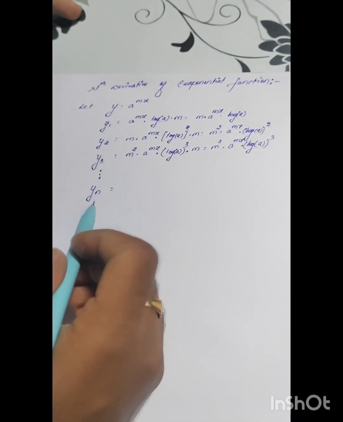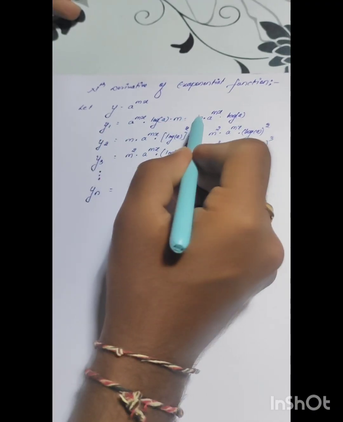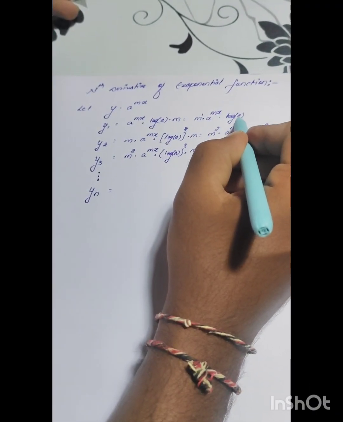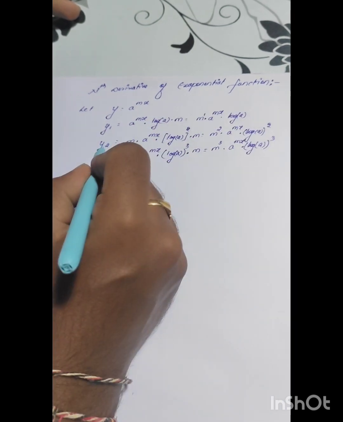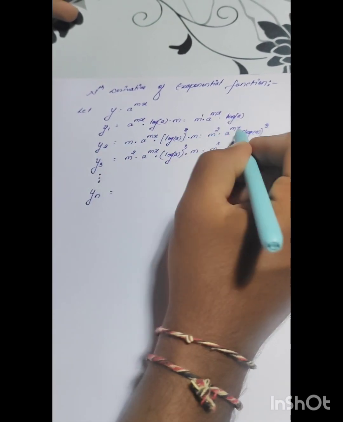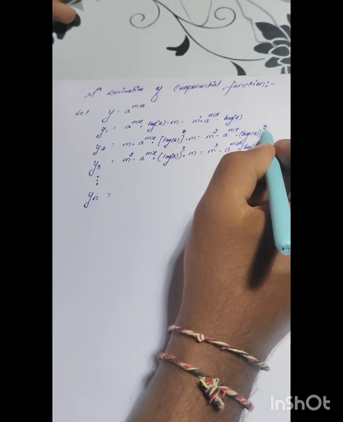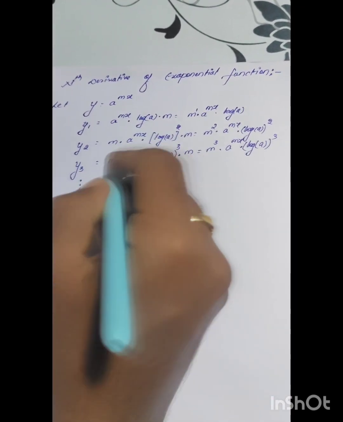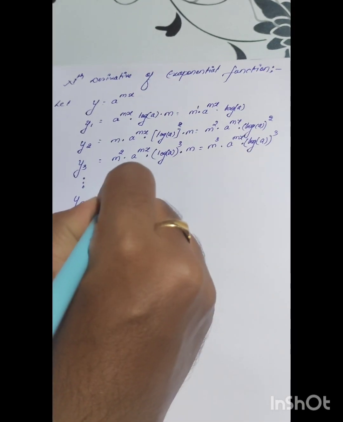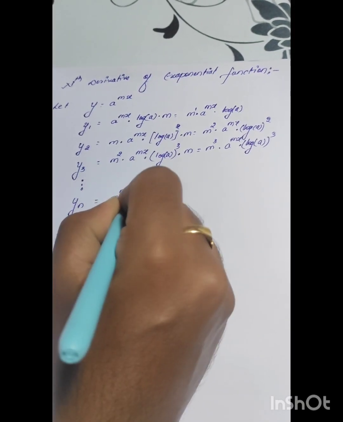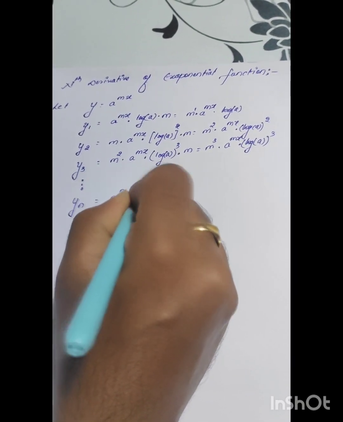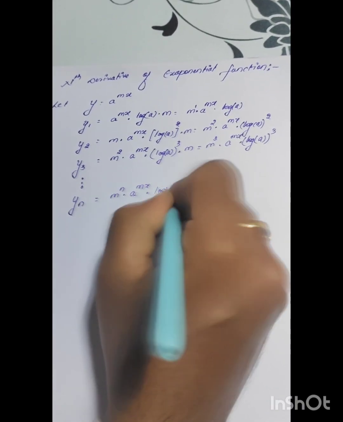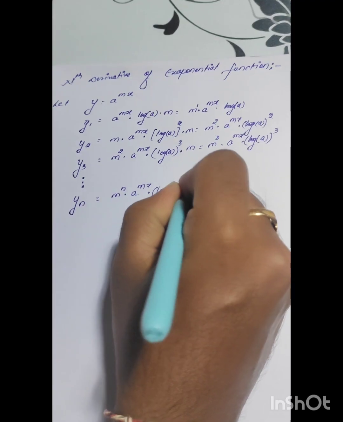Let's have a look here. When y1 was there, we had m raised to 1, a raised to mx and log a, where log a is nothing but log a raised to 1. And when we have y2, it is m square a raised to mx into log a square. So m cube a raised to mx into log a cube for y3. So for yn it will become m raised to n into a raised to mx into log a raised to n.